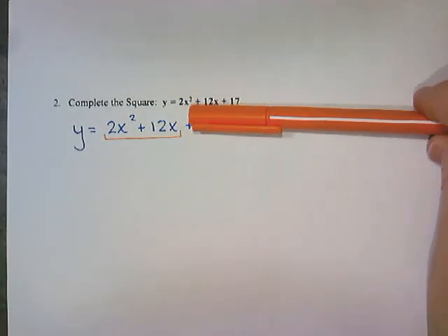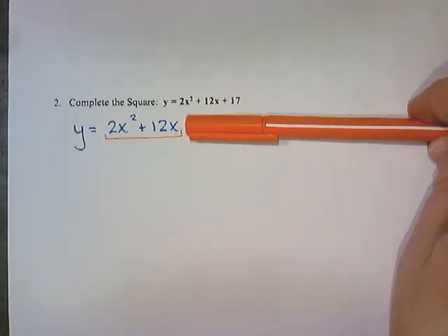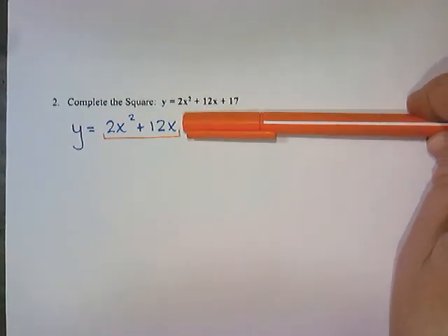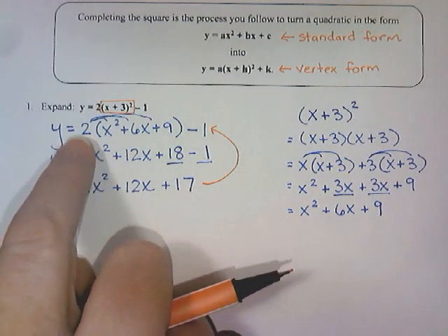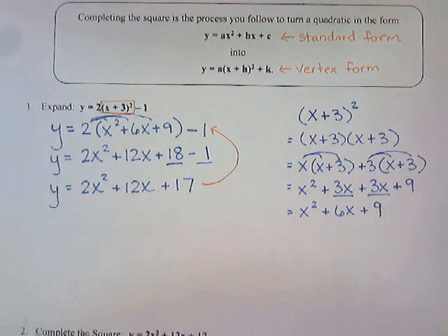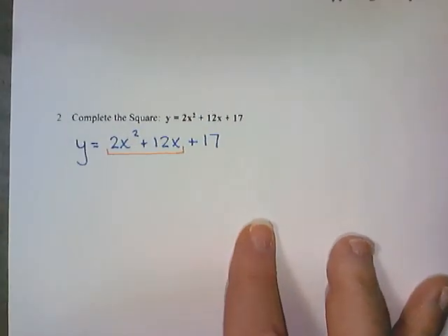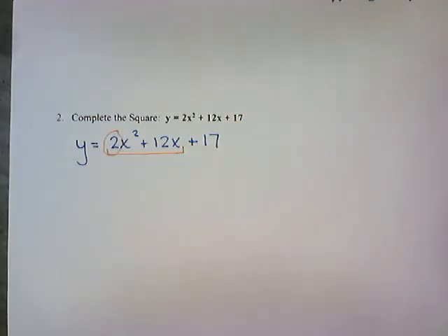We're going to ignore that 17 for right now, right? It'll get its turn in a bit, but we're just going to focus on the terms that have an x. And you'll notice when we looked at this, that there was a number out front and there wasn't a number in front of the x squared. So what we're going to try to do is find a way to factor out the 2.